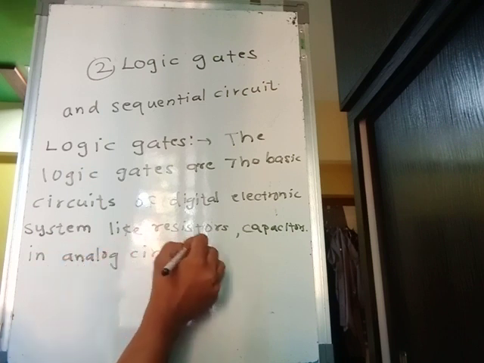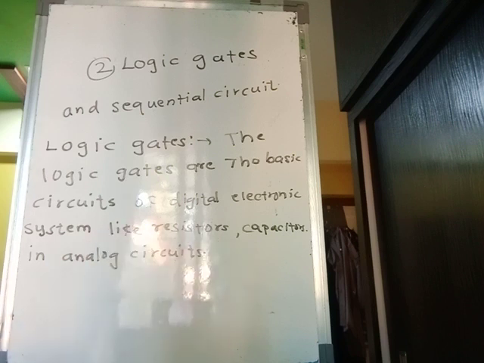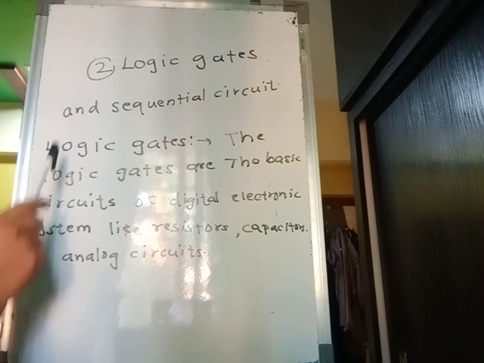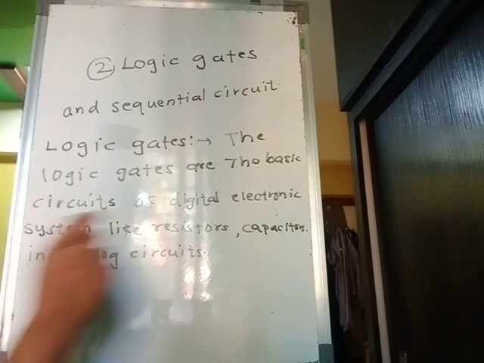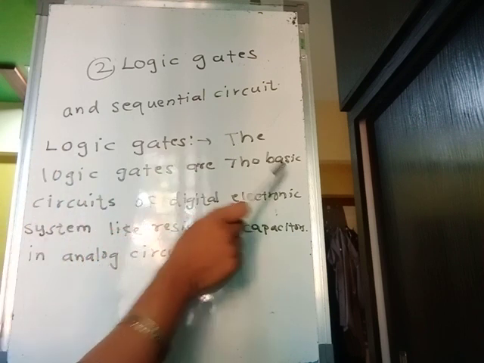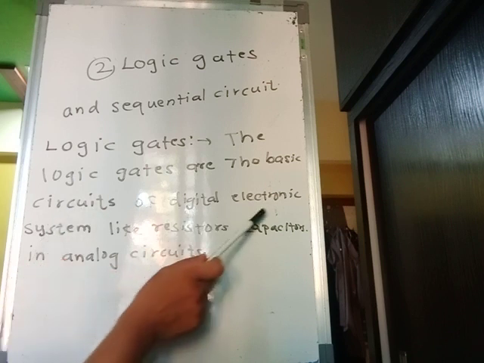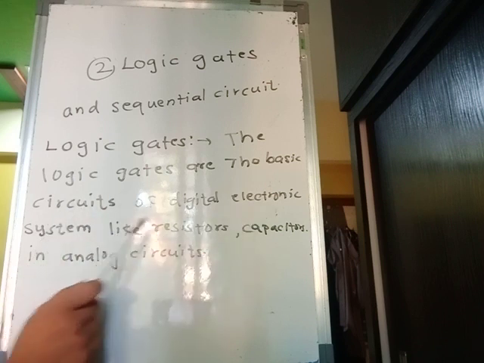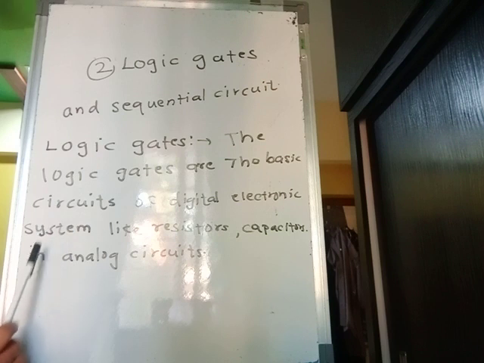So we can define the logic gates in this way. This logic gates also give examples based on the logical equation, and that we are going to see in detail further. So you can note down this definition in your notebook. The logic gates are the basic circuits of digital electronic system like resistors, capacitors in analog circuit.